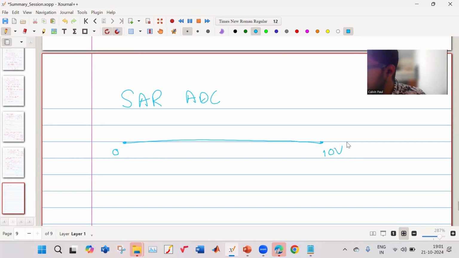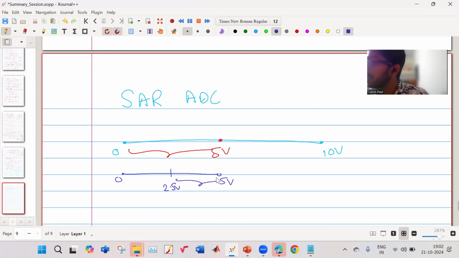First, it will find the average of it. It will check whether it is between 0 to 5 volt. If the voltage which I have is within this range, it will consider this range. So now the new range which it will consider is 0 to 5 volt. Then it will find the half of it, 2.5 volt, and it will see where it is.